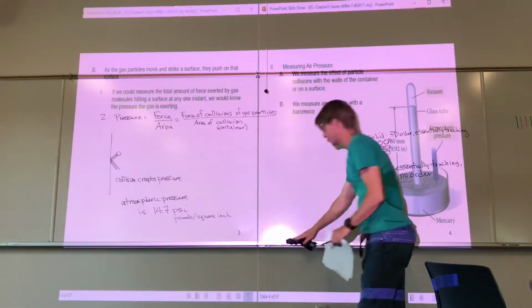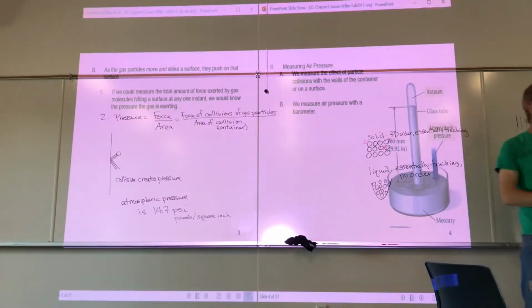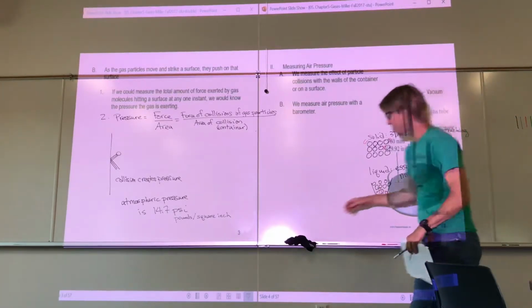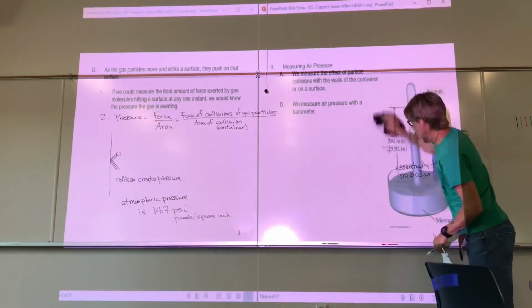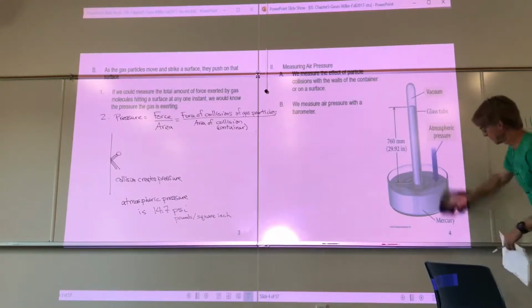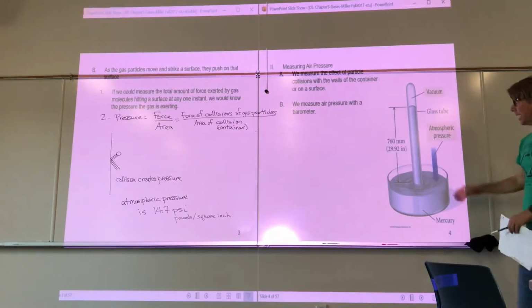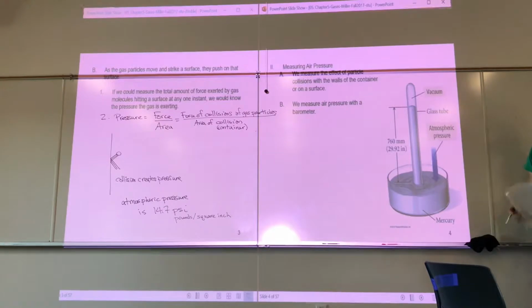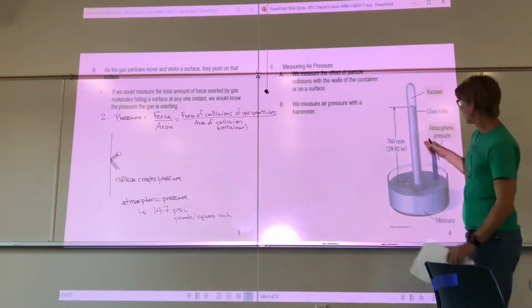Even if we don't, we still use units like millimeters of mercury. The units here are millimeters. This is a picture of a barometer.